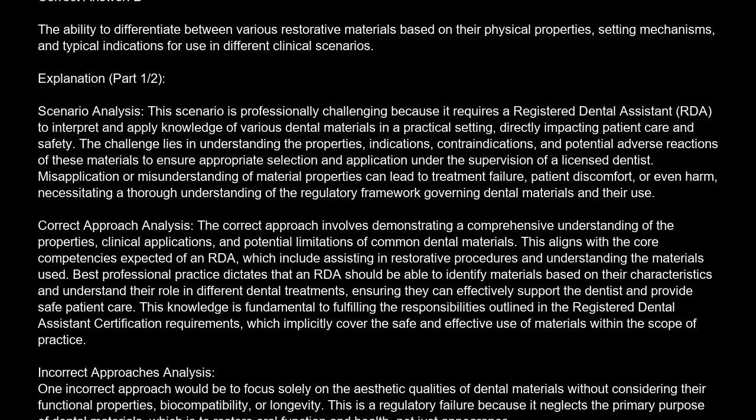Best professional practice dictates that an RDA should be able to identify materials based on their characteristics and understand their role in different dental treatments, ensuring they can effectively support the dentist and provide safe patient care. This knowledge is fundamental to fulfilling the responsibilities outlined in the Registered Dental Assistant Certification requirements, which implicitly cover the safe and effective use of materials within the scope of practice. Incorrect approach analysis.